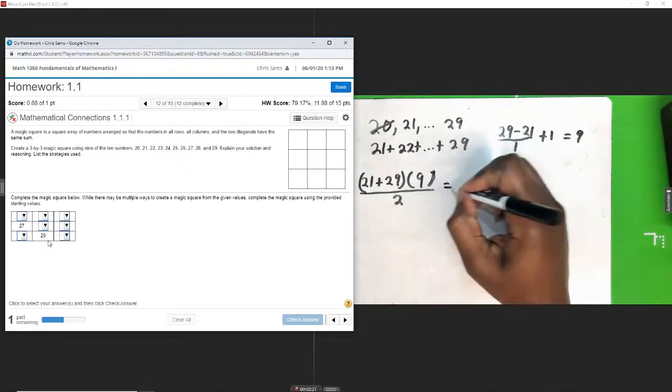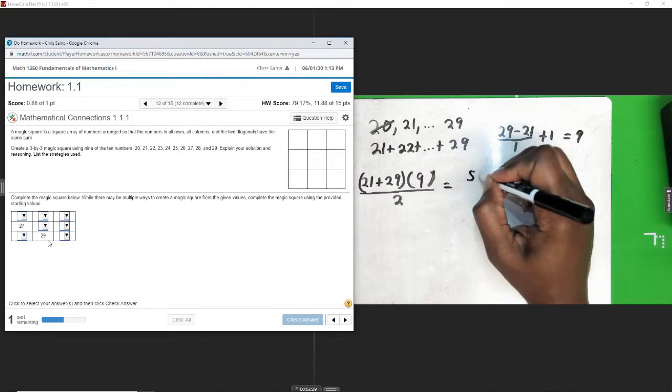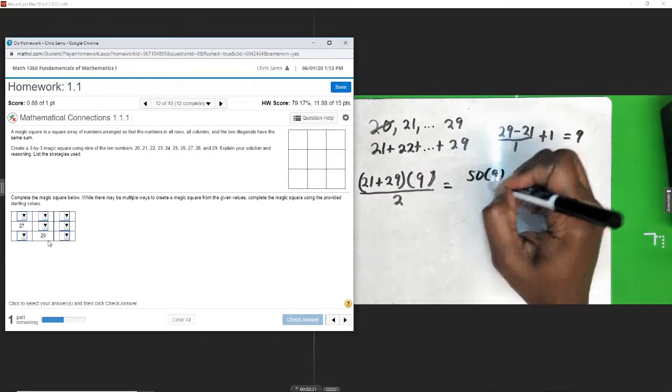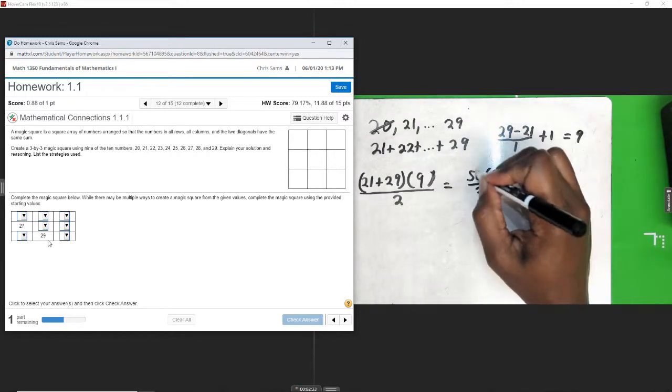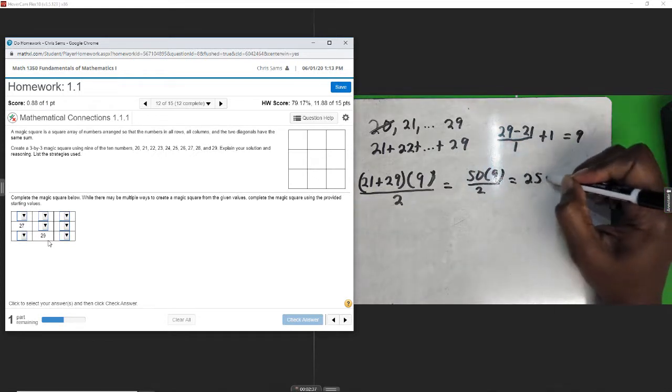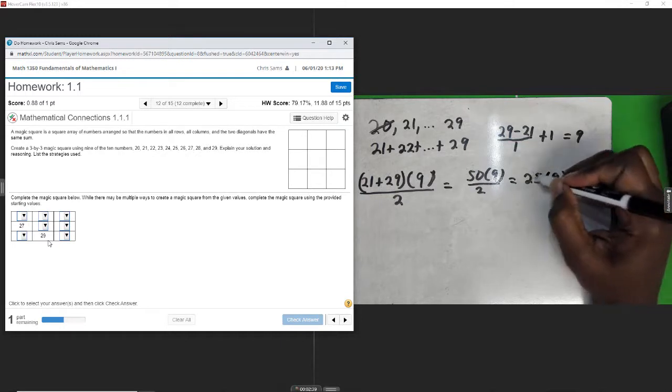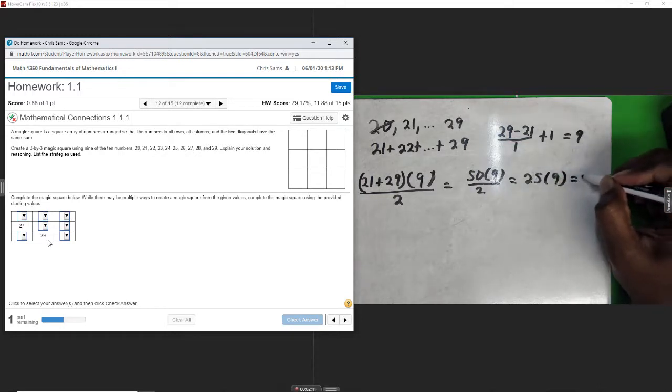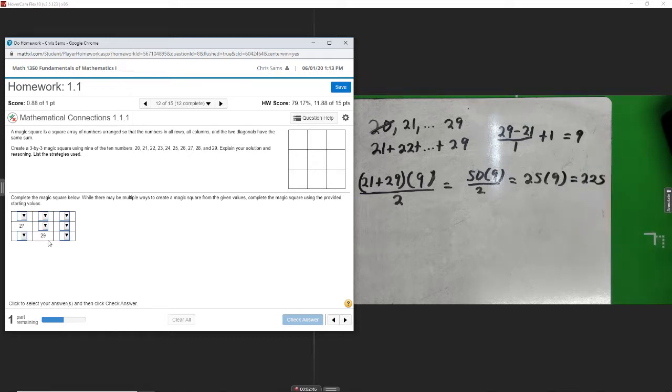All right, so we have 50 times 9 divided by 2. 50 is divisible by 2, so that will give us 25 times 9. And that's like 9 quarters, so that gives us 225. So this is our sum. And we're going to divide that by 3 because there's 3 rows, there's 3 columns.